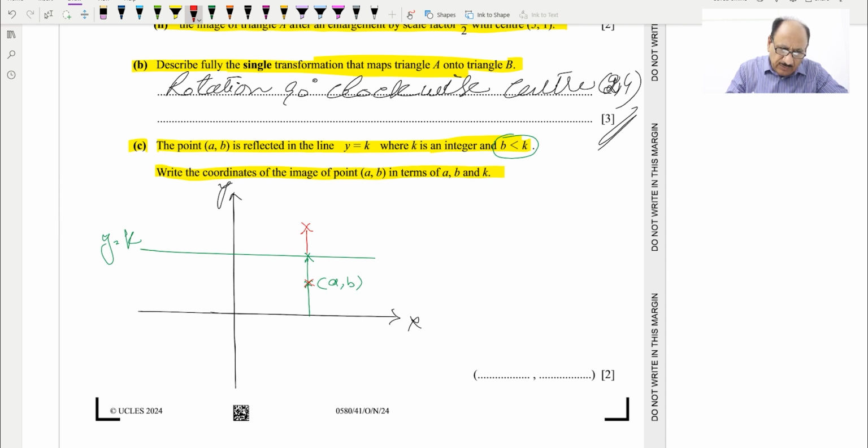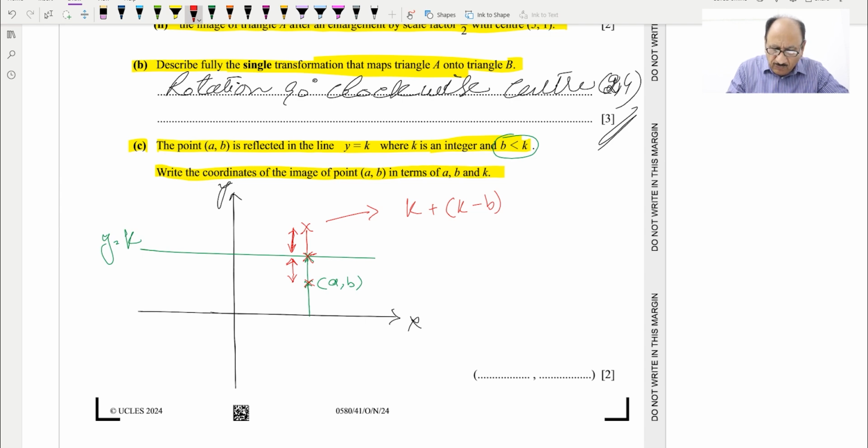This is like a and b, and we can write the coordinates of this point as k, which is over here, plus k minus b. K minus b is basically this much distance, which we have added to this k.